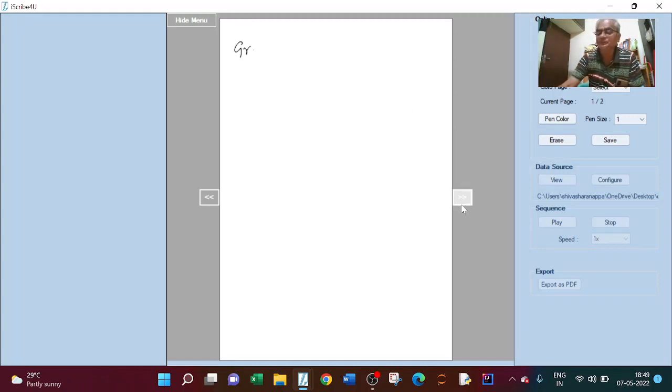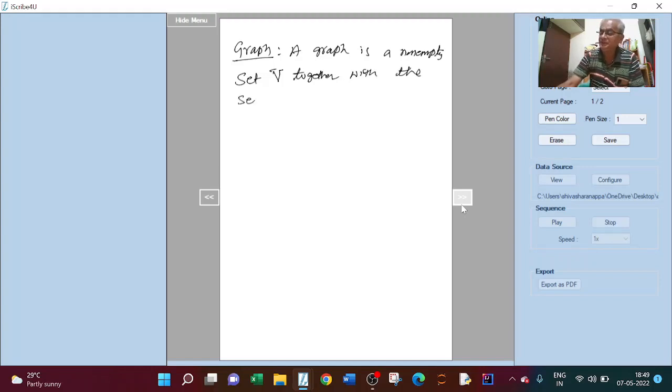What is a graph? Definition of a graph. A graph is a non-empty set V together with the set E, and this may be empty.